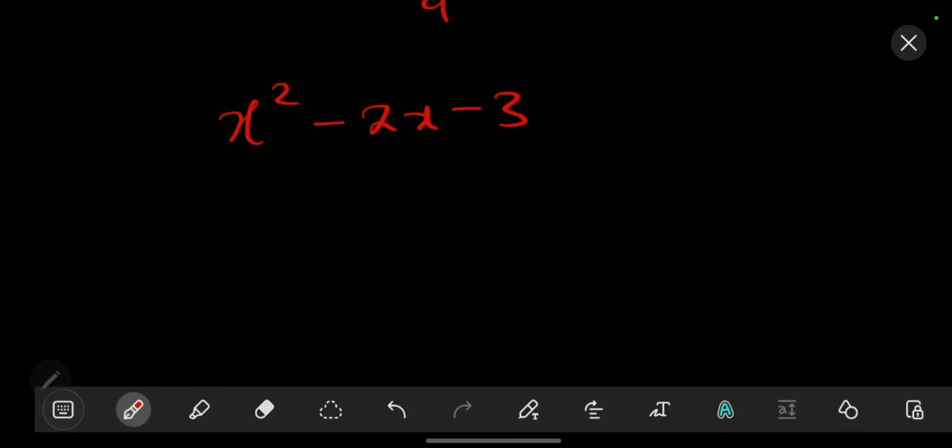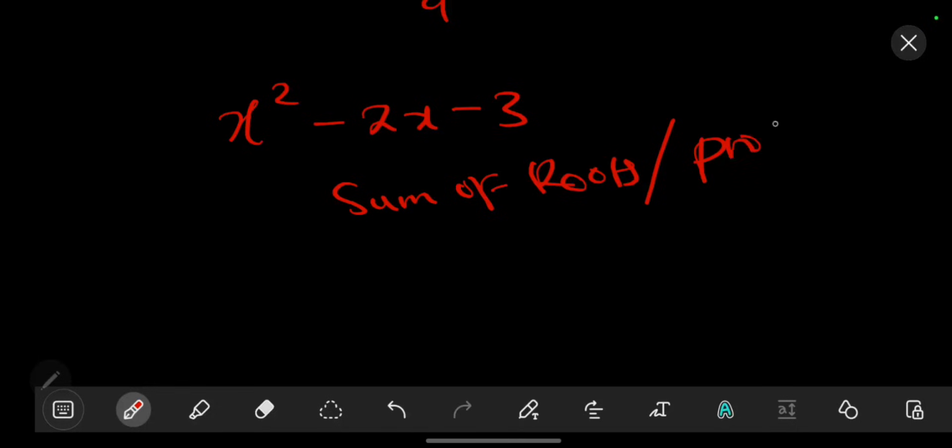Let's say we have this equation, then we are required to find the sum of roots and also the product. So how do we go about this? Let's find the roots of this equation, which occurs when y is equal to 0. So let's factorize this.